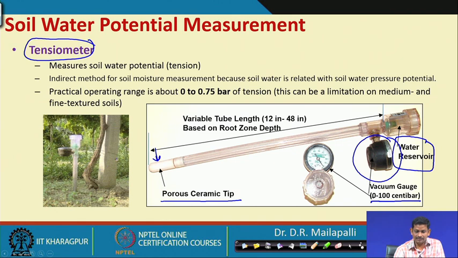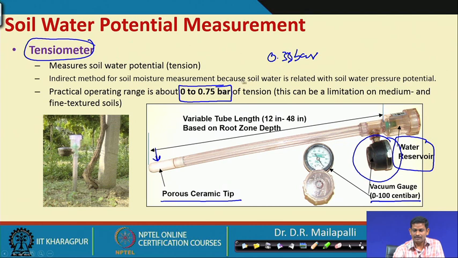But if you observe, with this tensiometer we can measure only 0 to 0.75 bar. The field capacity is 0.33 bar, 1/3 bar.